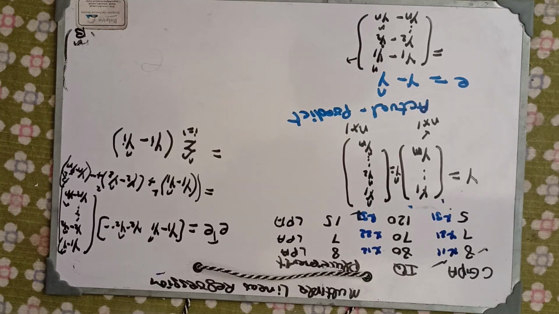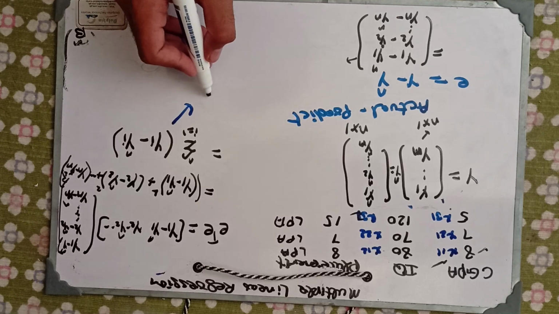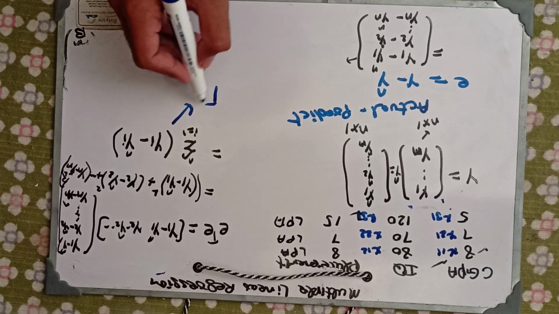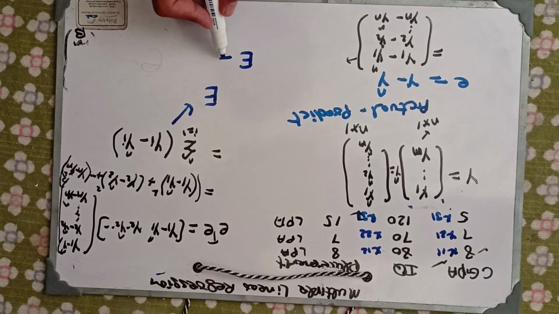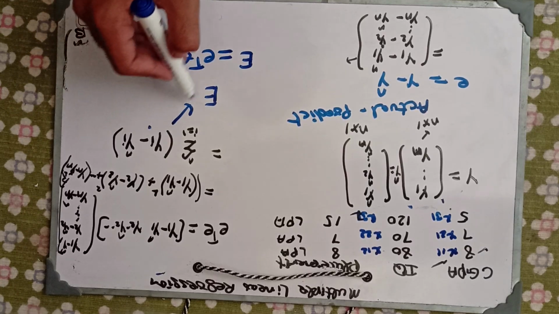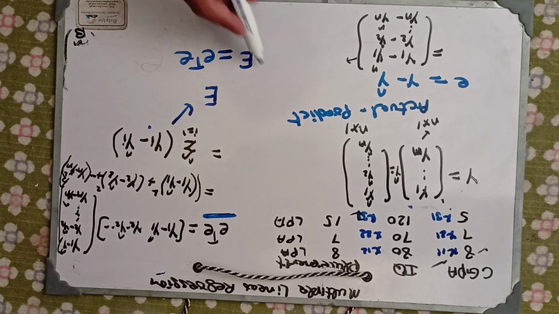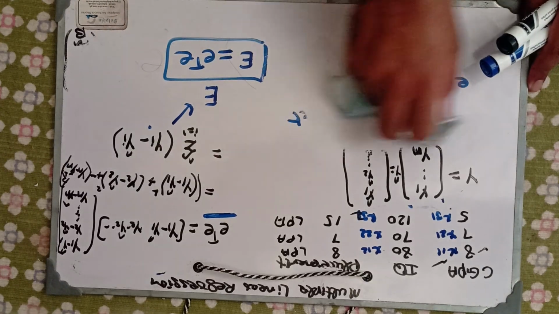So if you remember, this is the loss function we calculated for a single linear regression, which is equal to E, or we can call it anything. So can I write E equals E transpose E, as this thing becomes equal to E? Okay. Now we'll work on this equation.